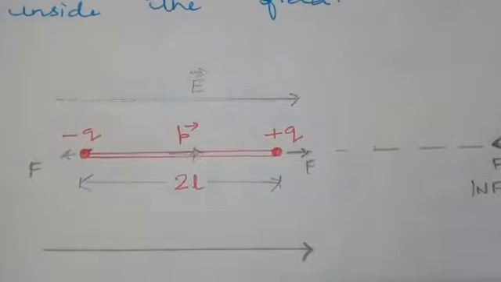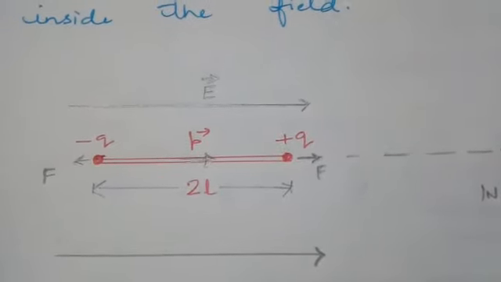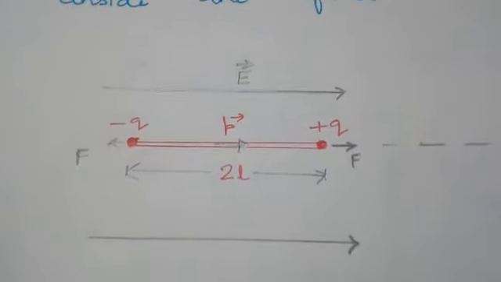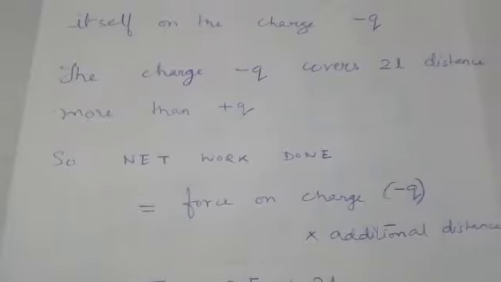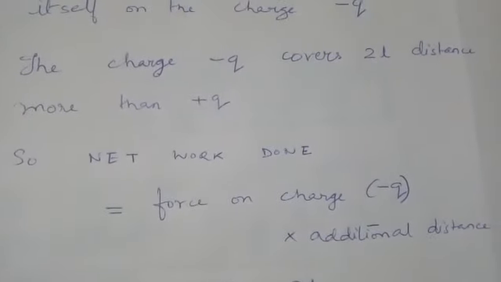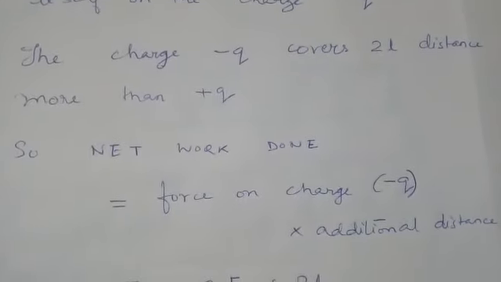So additional distance of 2L has to be considered in case of the charge minus Q. So we mention it. The charge minus Q covers 2L distance more than plus Q.